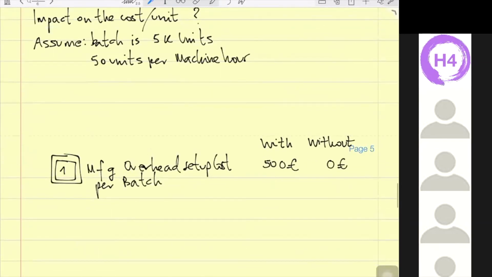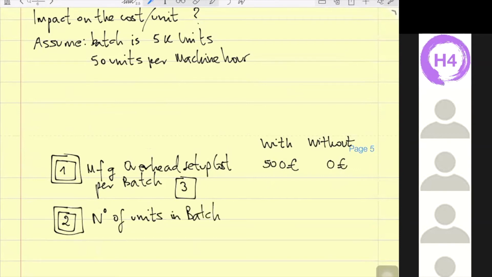This is the same as number 3 before. Number 2, number of units in the batch. This is given as 50,000. Here it's not applicable. We don't know.